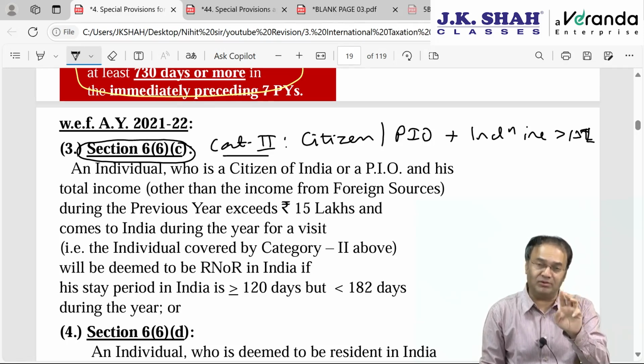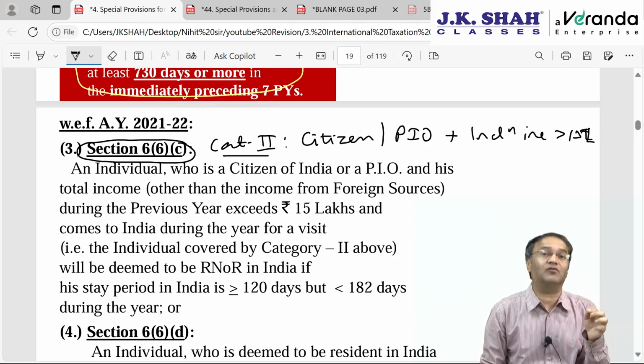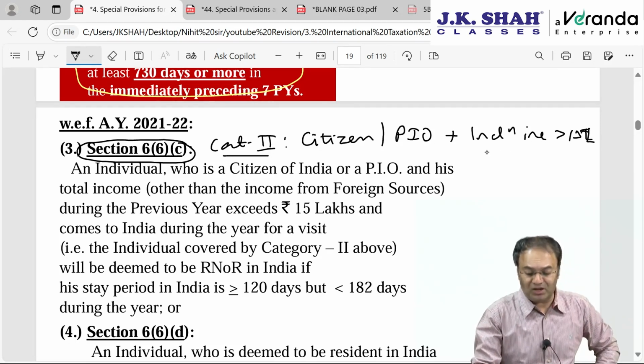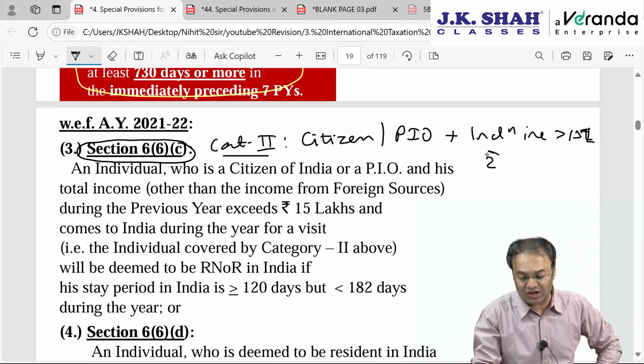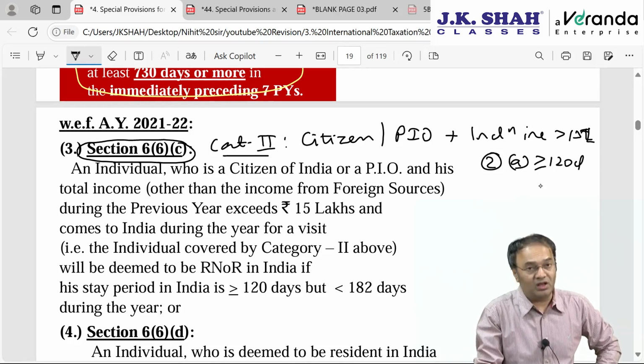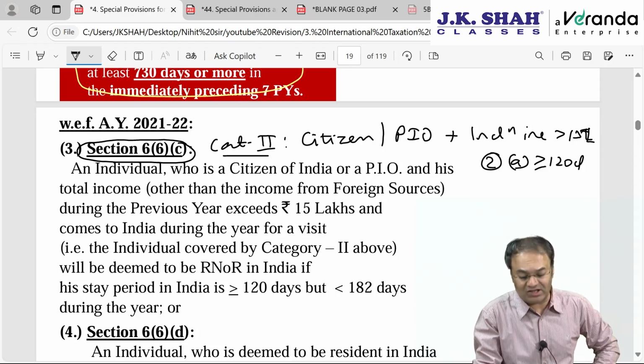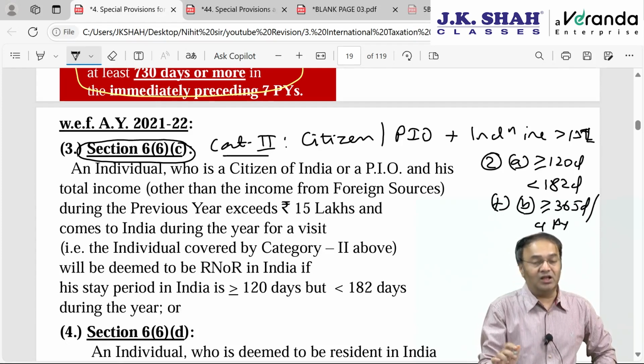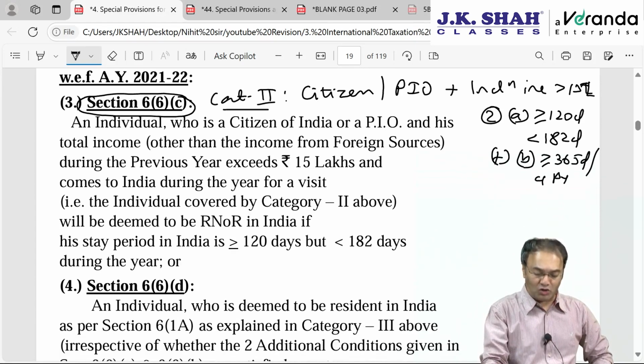second basic condition is he was present in India for 365 days or more in the immediately preceding 4 previous years. In case he becomes resident in India because of the second basic condition, 120 days or more, and he does not fulfill the first basic condition, that means his stay in India is less than 182 days, plus he is present in India in the last 4 previous years for 365 days or more, then he will be deemed to be RNOR automatically.